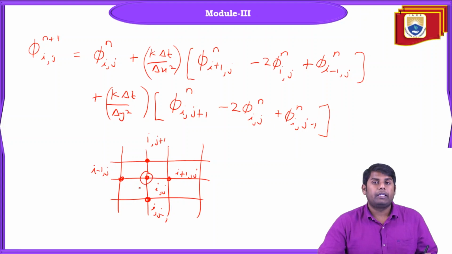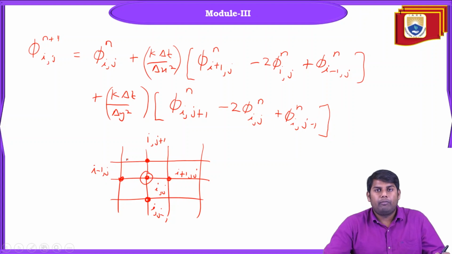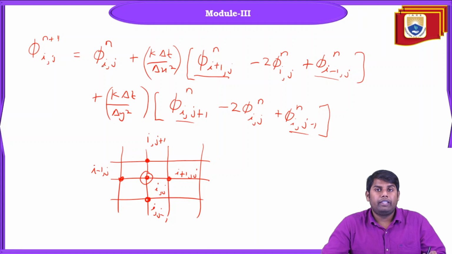So this i comma j point is influenced by four neighboring points: i plus 1 comma j, i minus 1 comma j, i comma j plus 1, and i comma j minus 1. So this is 1, 2, 3, 4. These are the four neighboring points which influence it.